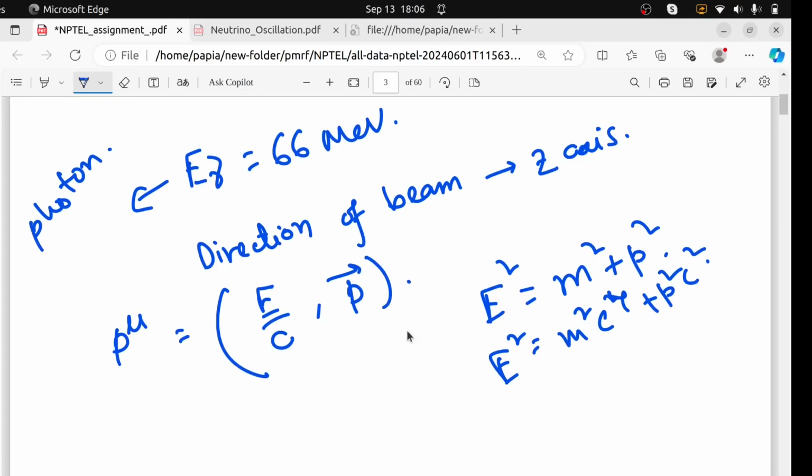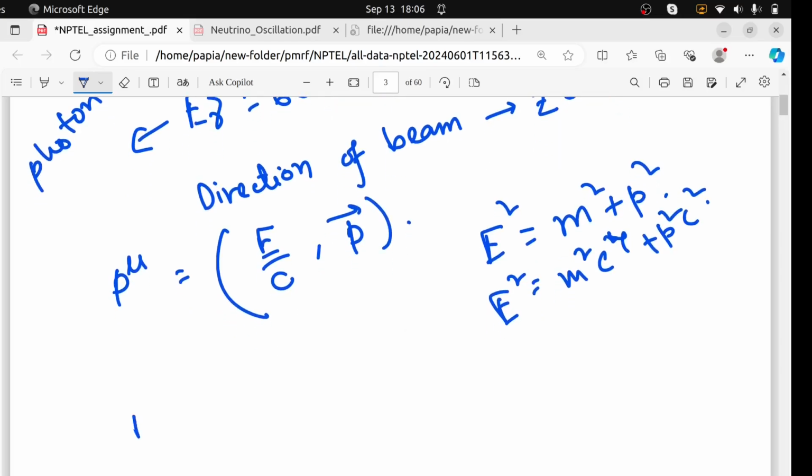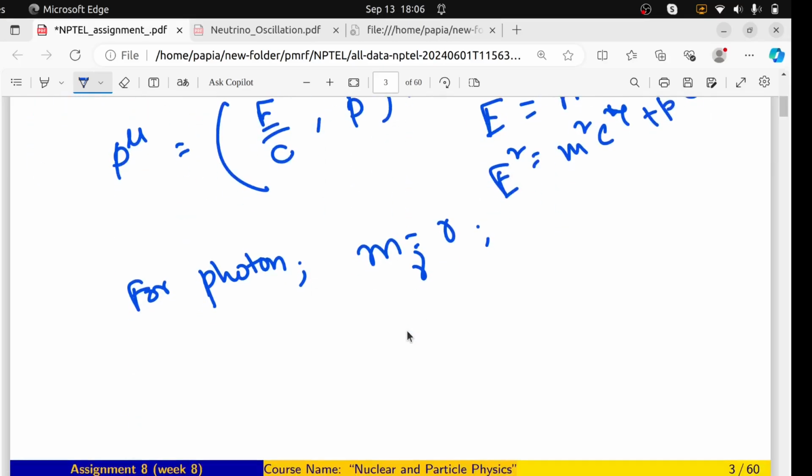But for the photon, we know that the mass of the photon is 0. I mean the rest mass of the photon is 0. So what will be left? Only E square equals P square. P is nothing but the vector, so this is nothing but Px square plus Py square plus Pz square.